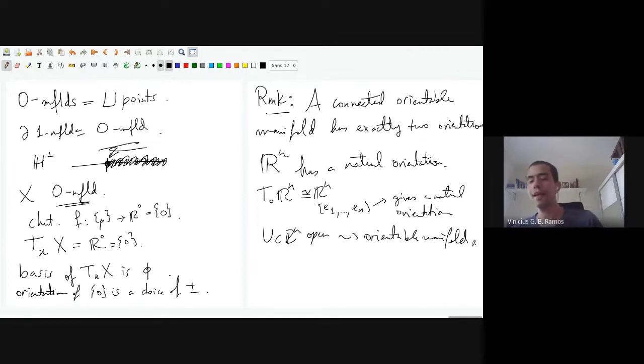So the next thing I want to say is, remember that a natural way to construct manifolds is to take the pre-image of a regular value, or the pre-image of a submanifold. If you are given a submanifold which is oriented, then its pre-image is going to have a natural orientation.